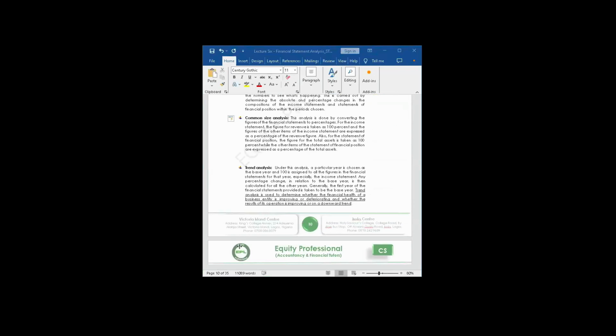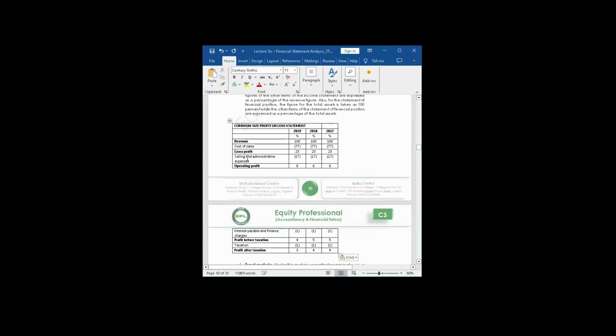Let me see if you can see the screen. Okay, so let's see a common size statement.